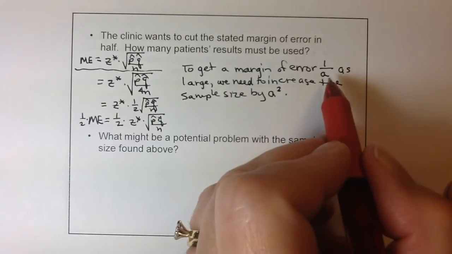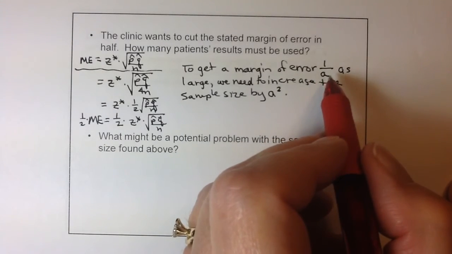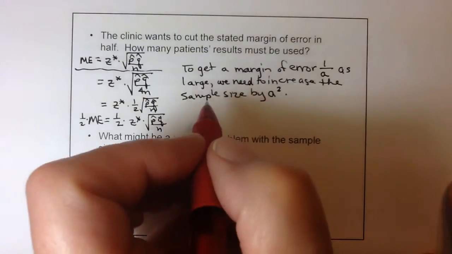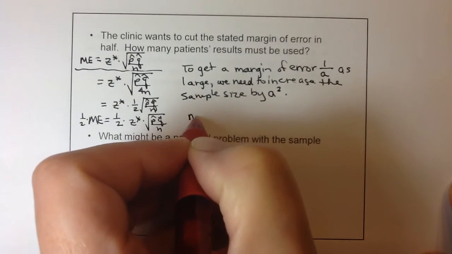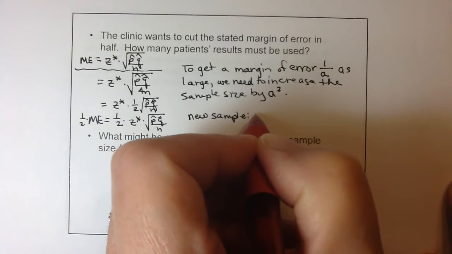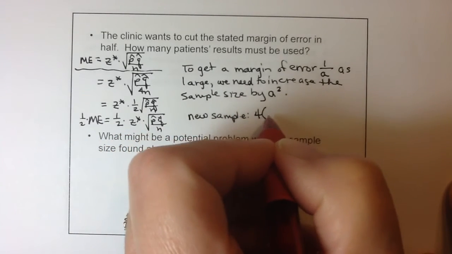Okay. In this case, we want it half as big, so that's 2 squared, which is 4 times as big. So my new sample in this particular context needs to be 4 times as big as the old sample.